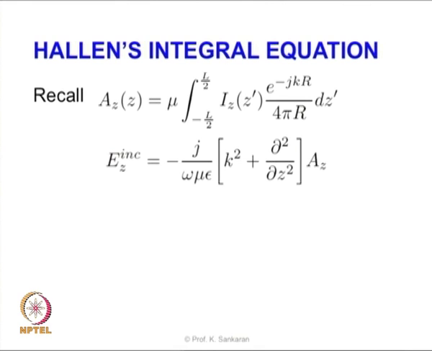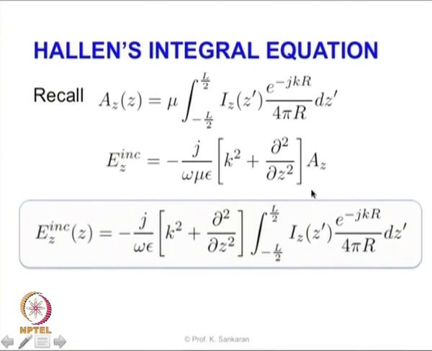Remember that we used Az as a line integral which goes from minus L by 2 to plus L by 2, and the value Iz is the current flowing at that particular point z prime, and we multiply it by the Green's function here, and then we integrate it along dz, and once we have that, we can substitute the value in the E incident expression for the Az.